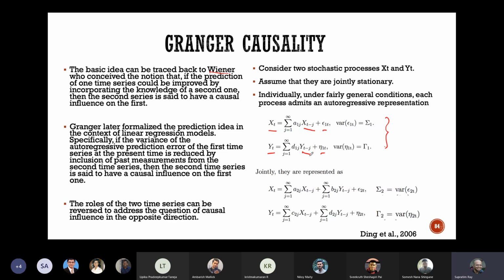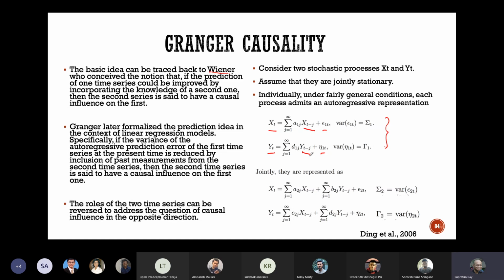There are standard ways in which you can estimate A and D easily, and how well your autoregressive model is doing determines what the error is going to be. If it's a good model, it's going to be small.